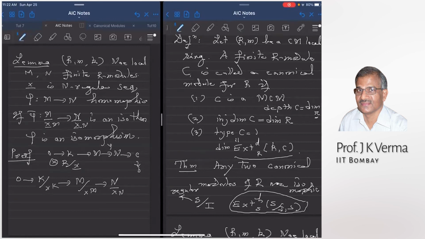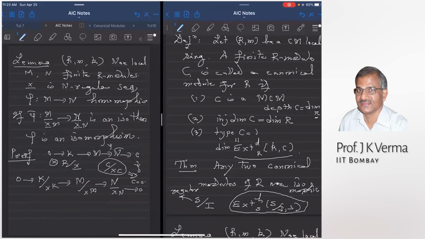Now C mod xC is 0 because phi bar is an isomorphism, so by Nakayama's lemma, C is also 0. So I get this exact sequence because x is N-regular.